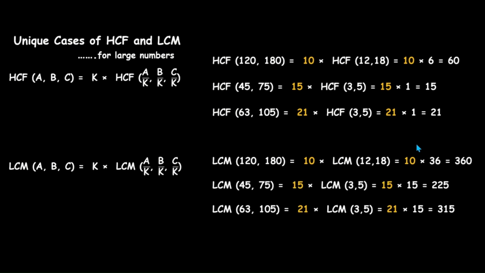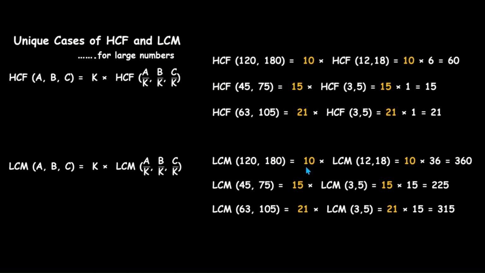Same is the case with LCM as well. We can take whatever common factor among the numbers and then take that common factor out. The numbers would be reduced to smaller numbers, and calculating the LCM of smaller numbers would be relatively easier than calculating the LCM of bigger numbers A, B, C. So again, 120, 180, 10 is a common factor.